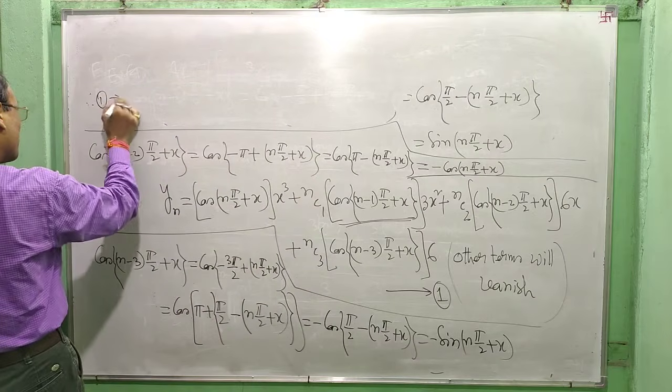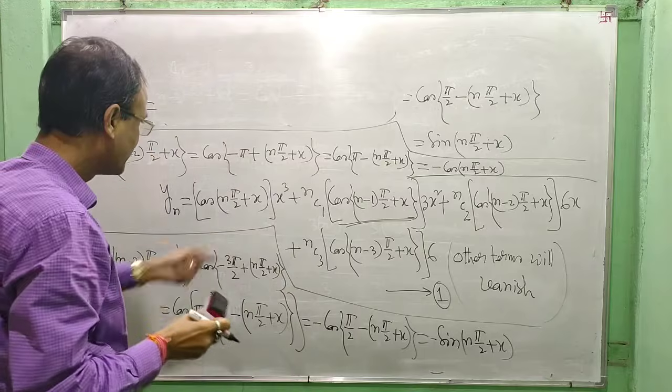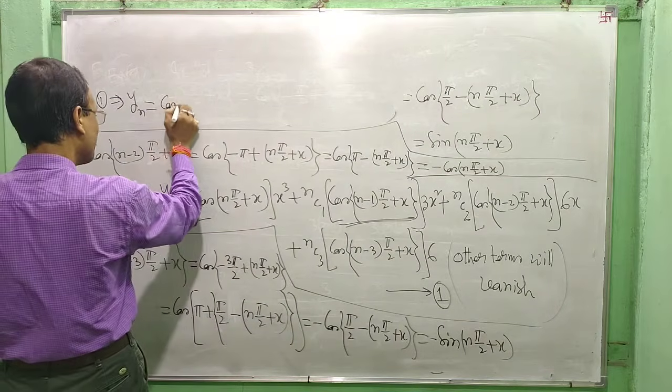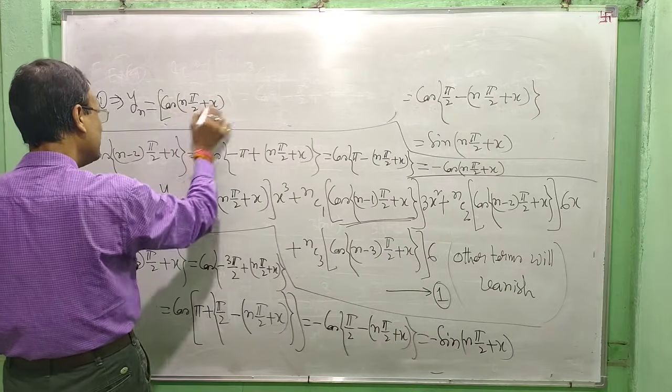Therefore, from 1 you will get yn equal to, this is unchanged, cos of n times pi by 2 plus x into x cube.